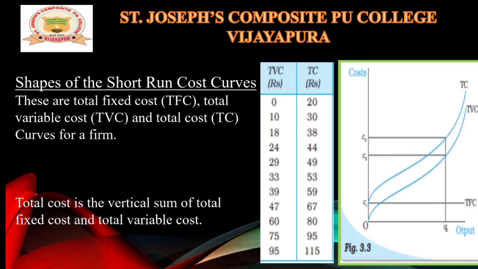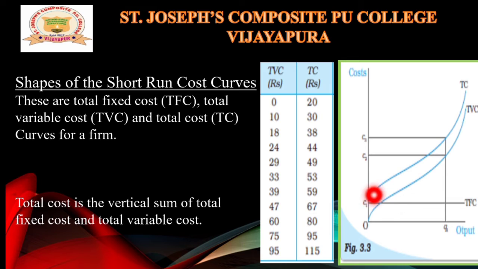Whatever changes happen in the production of the firm, the TFC is fixed. TFC, total fixed cost, is a constant rate, so we draw it like this. And what about this one, TC? TC starts with C1, and TVC touches C2.